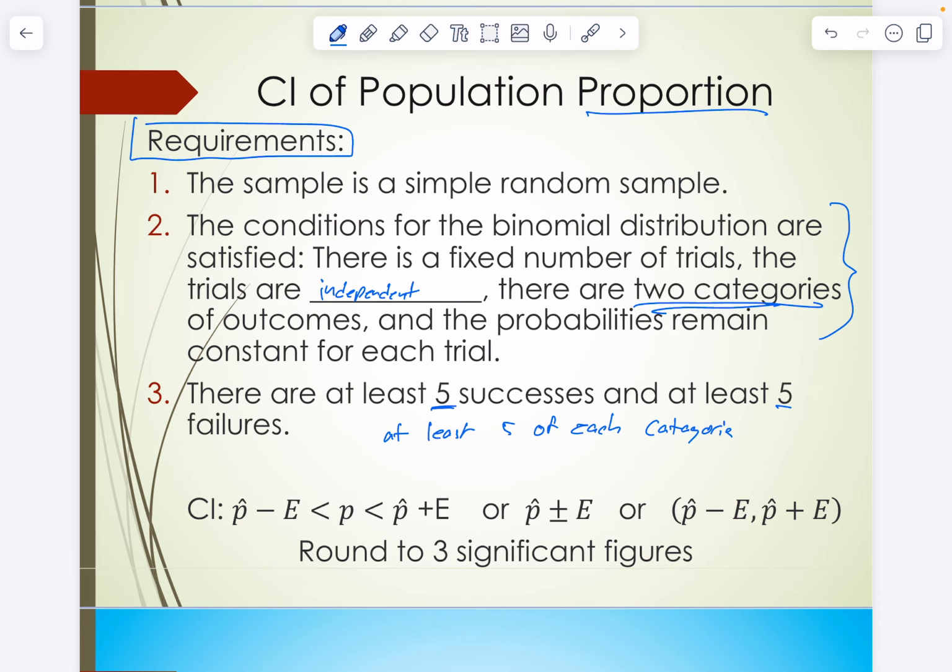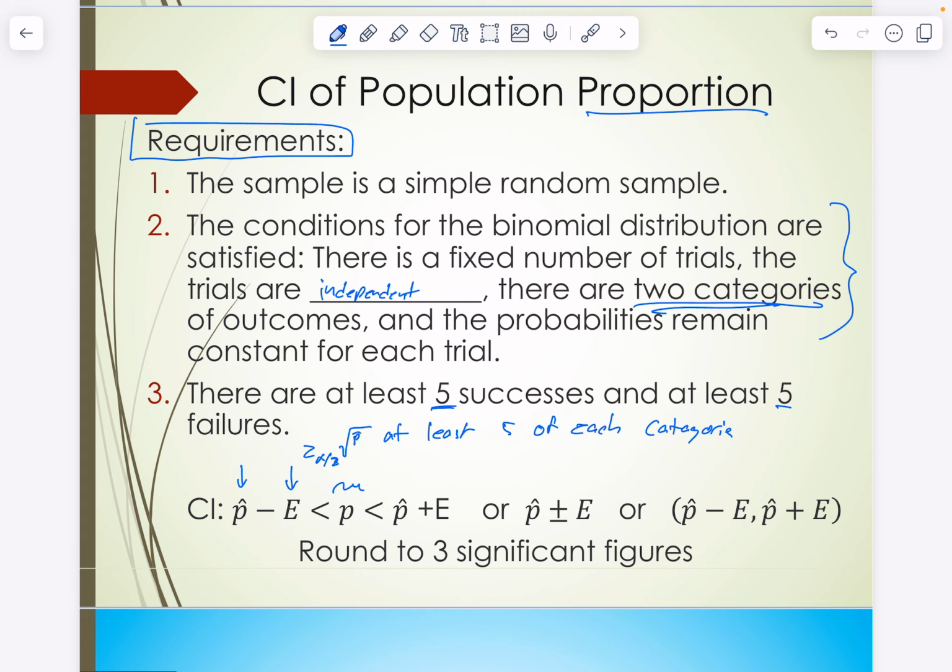However, if those requirements are met, then you can find a confidence interval that describes the probable location of your population parameter, of your population proportion. This right here comes from your sample, and this right here is also constructed from your sample and a critical value, which depends on your confidence level.